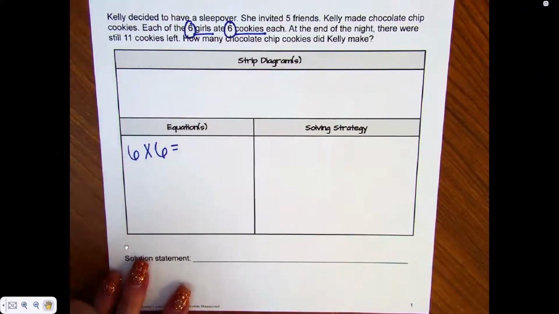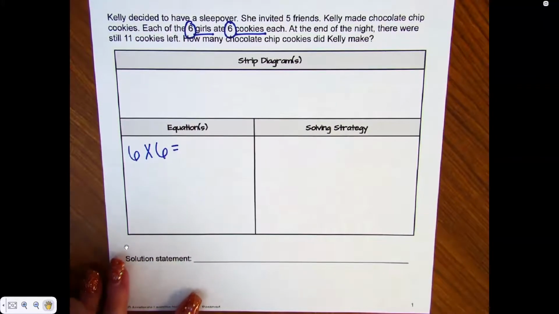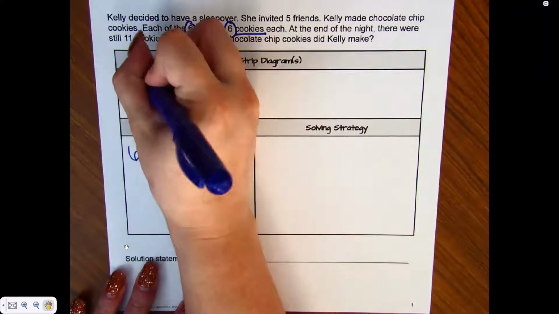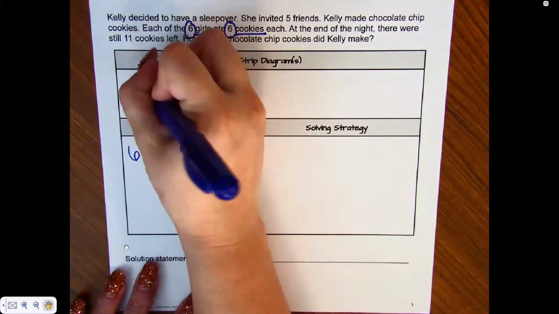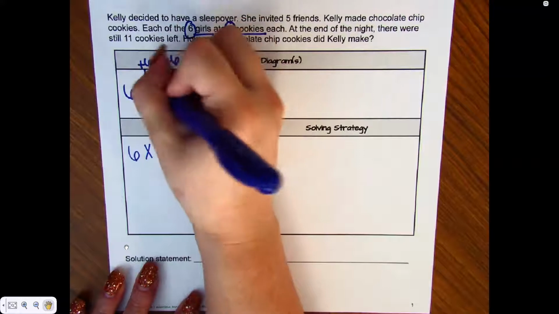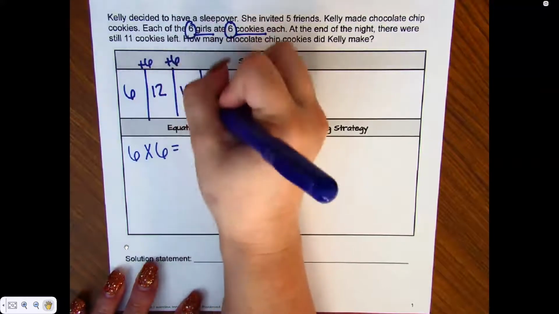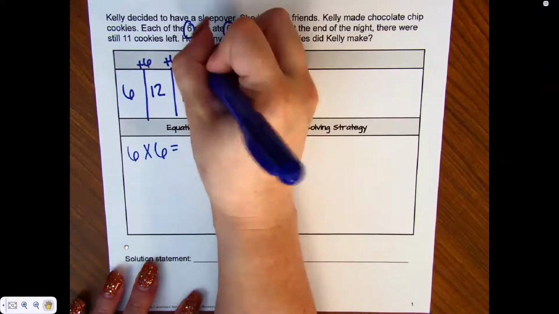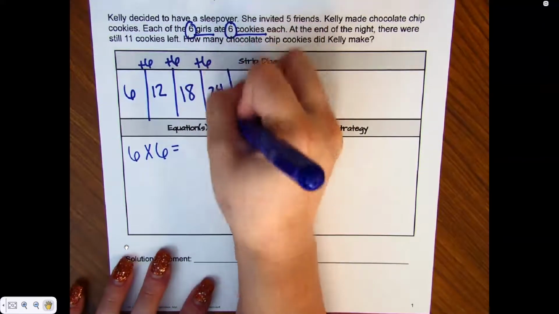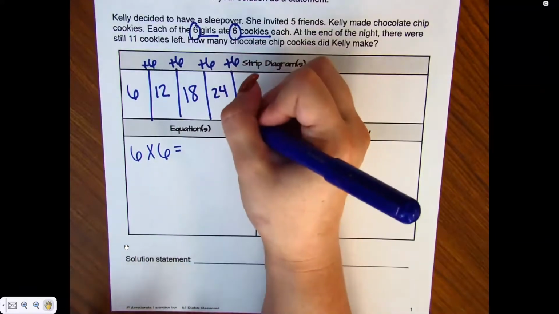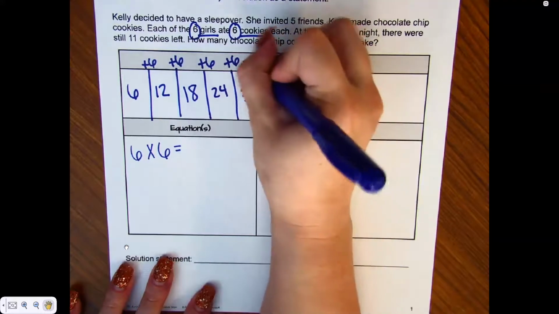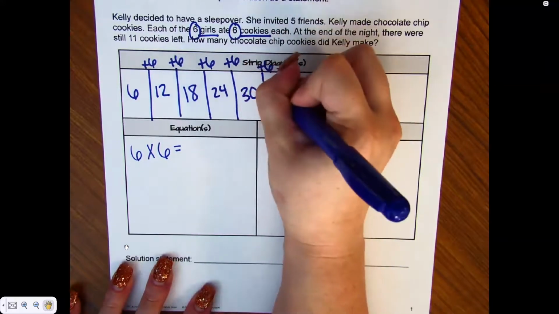Then I'm going to do my strip diagram. I'm going to do 6, and then add 6, which would be 12. Then I'm going to add another 6, which would be 18. Then I'm going to add another 6, and another 6, and one more 6.